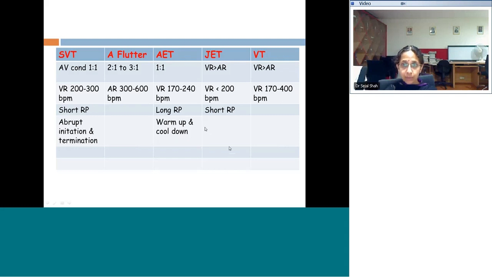For ectopic atrial and junctional, usually the rates are less than 200 or around 200. And SVT and ectopic atrial tachycardias can be differentiated sometimes if you are fortunate to pick up the start and the end, where it's very abrupt for an accessory pathway and slow for an ectopic atrial tachycardia.